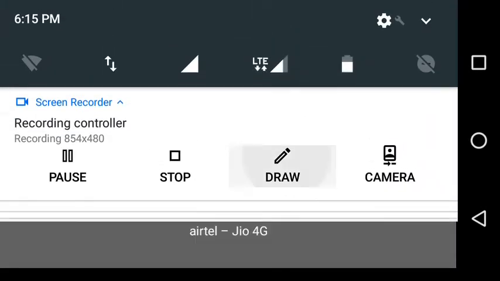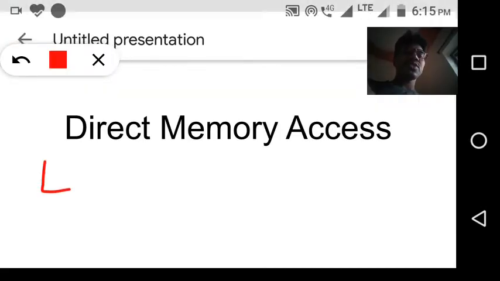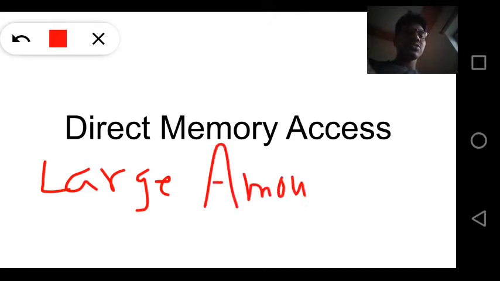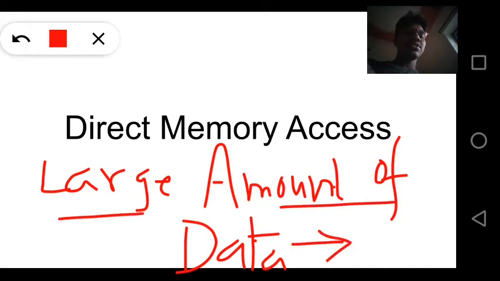If there is a large amount of data to be transferred, then interrupt initiated IO will not work.